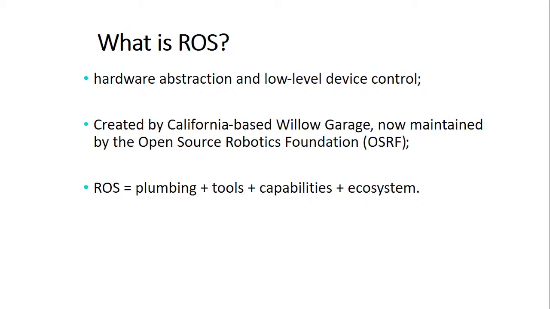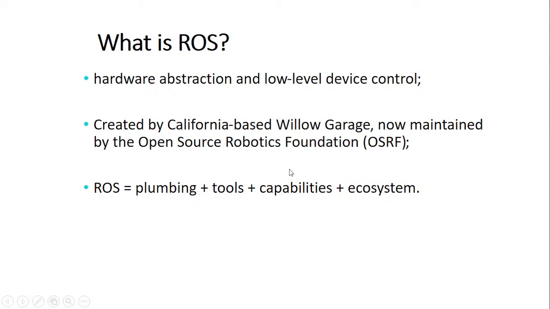Software won't be able to access the hardware directly, but there will be a hardware abstraction layer that acts as a middleman between the software and the hardware. So hardware abstraction and low level device control is possible. It was created by Willow Garage in California, and is now maintained by the Open Source Robotics Foundation. ROS includes all these different things: plumbing, tools, capabilities, ecosystem.